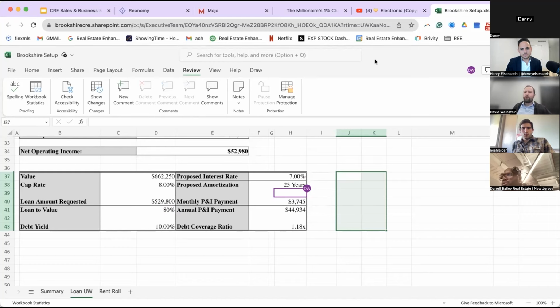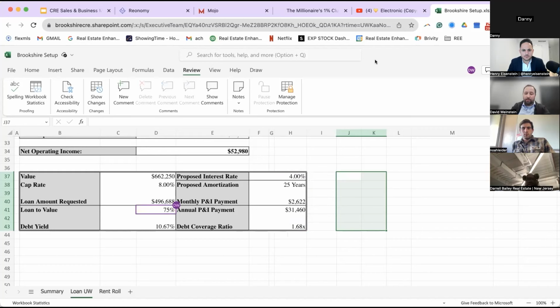Instead of over 30 years, you're now doing it over 25 years, which means every year you're paying more principal, which means your monthly and annual payments are higher, which means your ratio of operating income to payments is lower. So you're only at 1.18. This would not pass. So you would have to lower the loan amount, in this case to 75%, to get you above that limit. So the amortization schedule is important because it increases your monthly payments. Now your interest isn't going up, but your monthly payment is going up. It's principal. The other thing is obviously interest. If interest goes down, well, now you're at 1.68, you're in a great place.